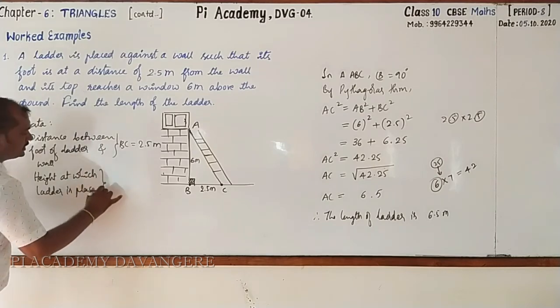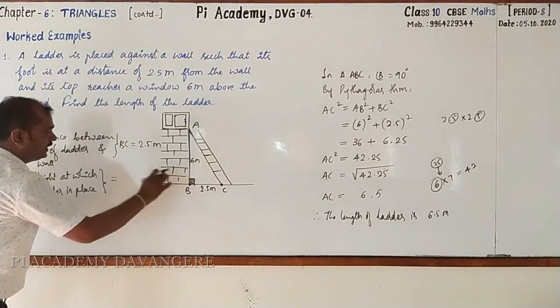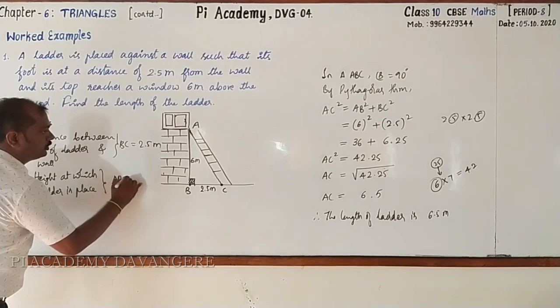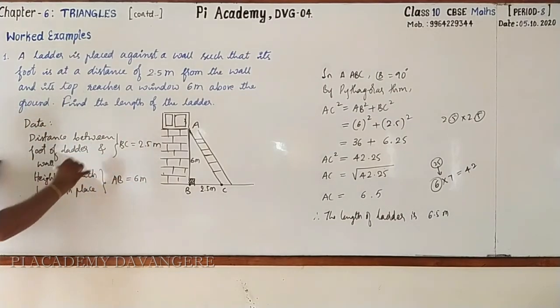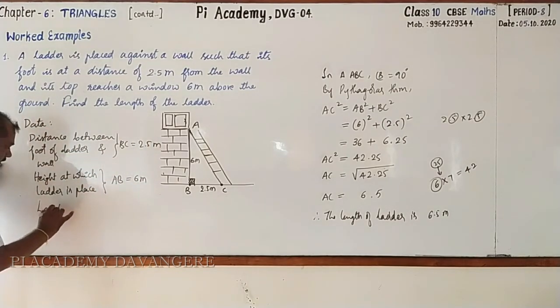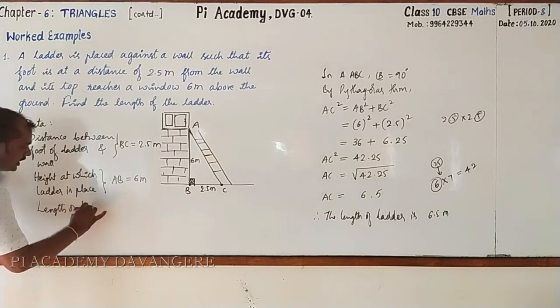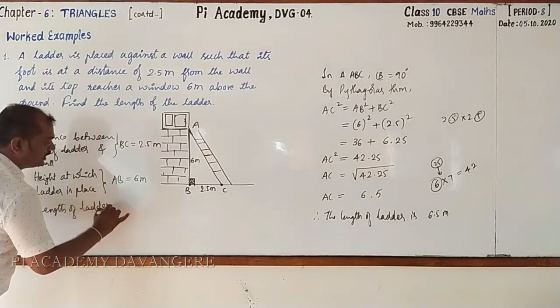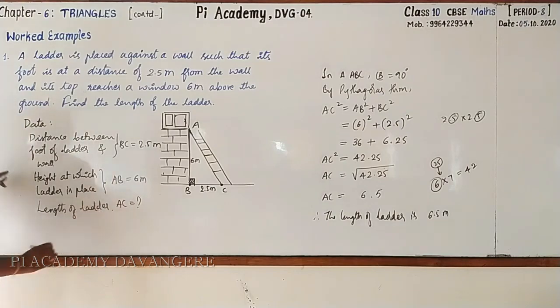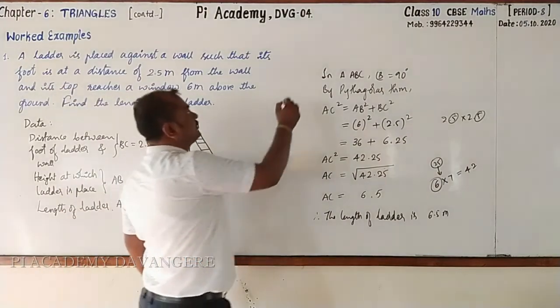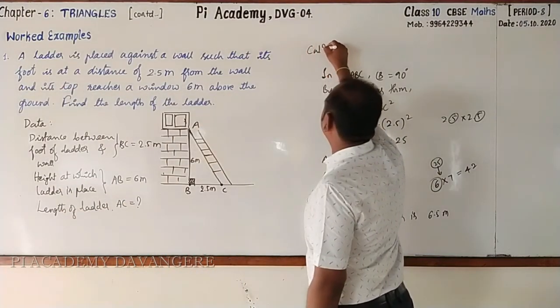At what height it is placed? This is AB. AB is equal to 6 meters. Next, what are you going to find out? It is the length of the ladder. Length of ladder is AC, which is equal to question mark. After that, you can move on to the calculation.